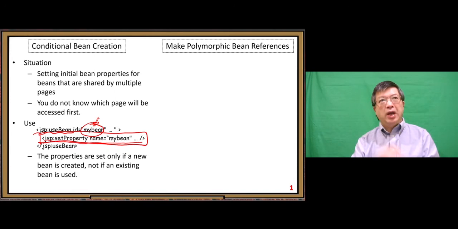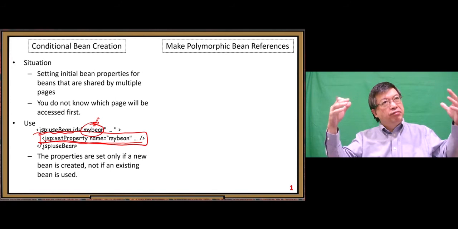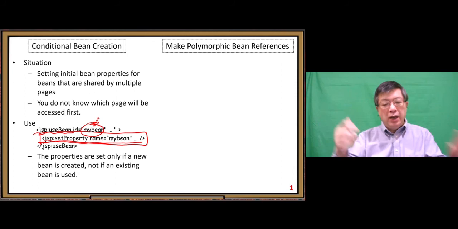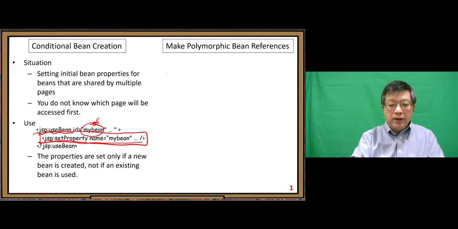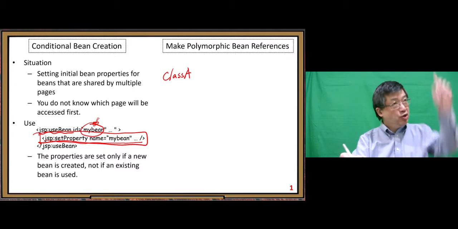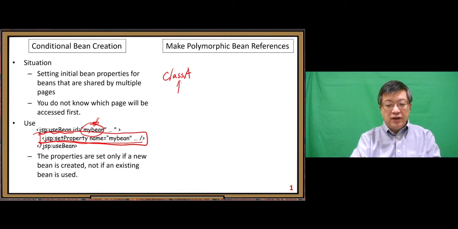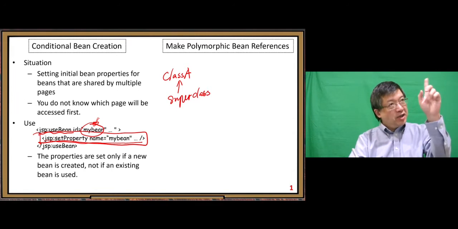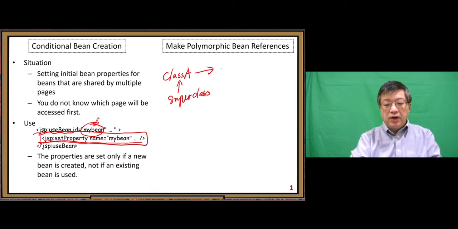What's that? You have a superclass and a subclass. Let me use class A as a superclass. Class A has a subclass called class B.